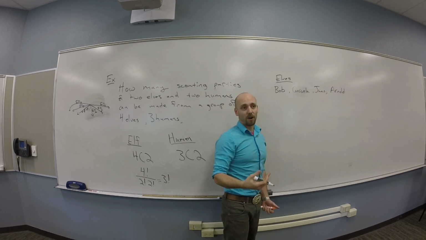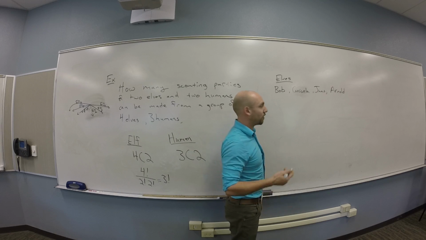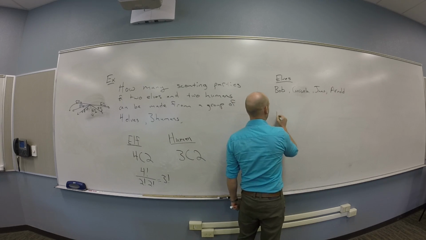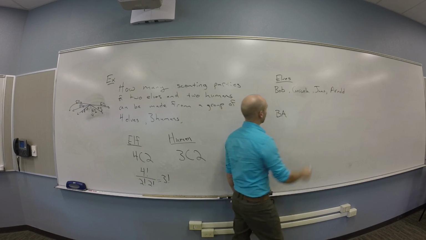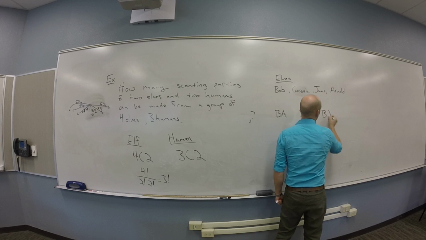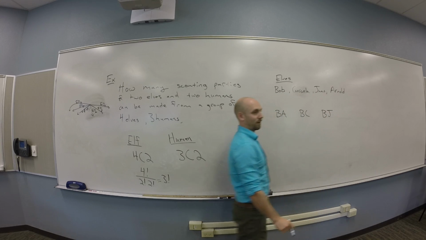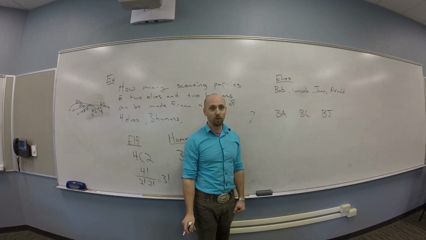Now, you need to pick your scouting party of these elves. So I think you have Bob and Arnold as an option. Bob and Consuela is an option. Bob and Juan's an option. So that takes care of the arrangements with Bob in them.